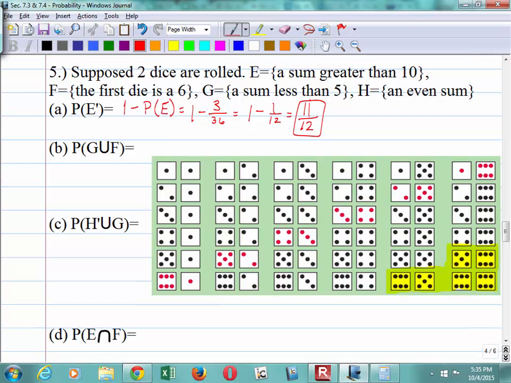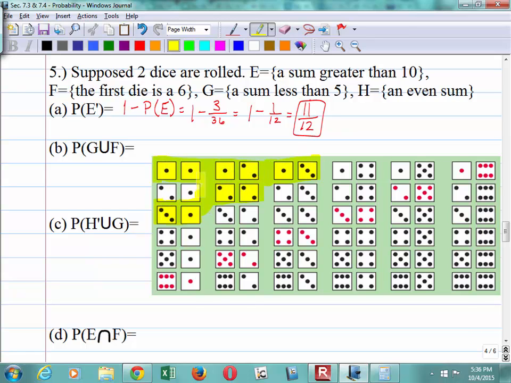And then the probability of G union F, the first die is a 6, or you have a sum less than 5. So those two events are mutually exclusive, because if your first die is a 6, obviously your sum can't be less than 5. So that would be the sum is 4 or less.